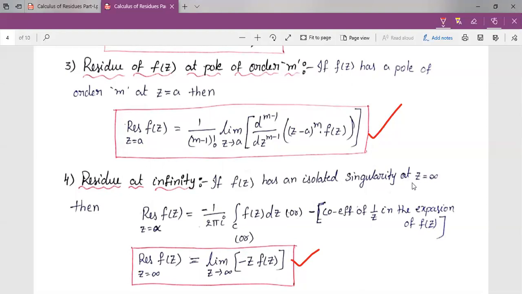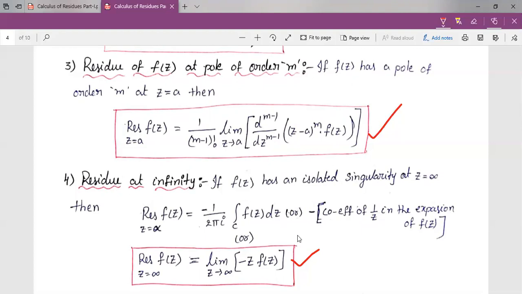But here we find the residue at infinity, so we consider minus the coefficient of 1/z in the expansion of f(z) as the residue.